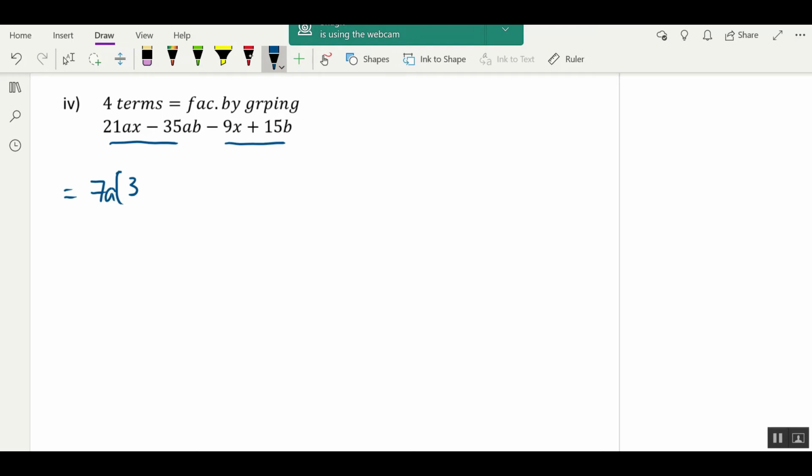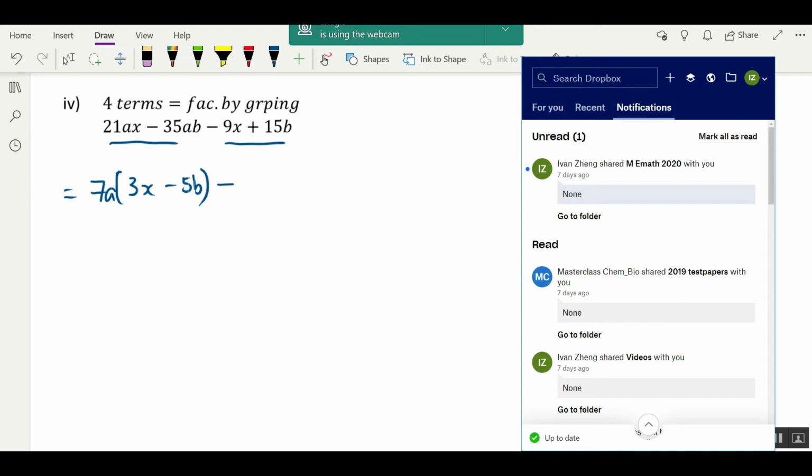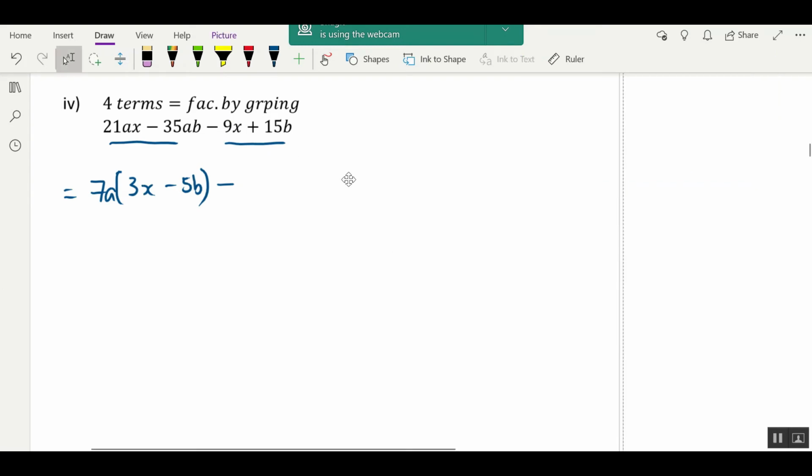I will be left with 3x minus 5b inside. Since this leading term is negative, I will have a negative here. 9x and 15b, I can take out a 3b, bracket, 3 will be left inside.